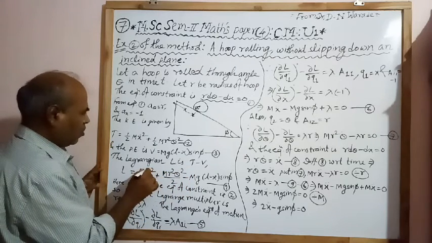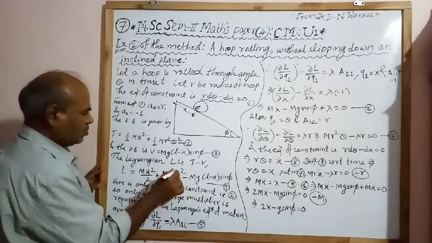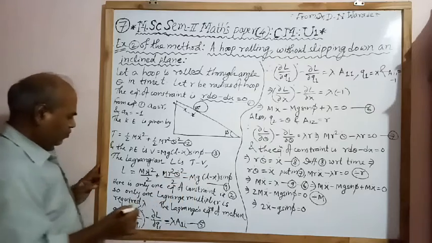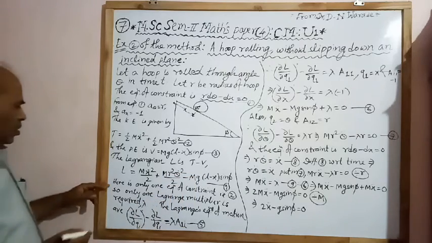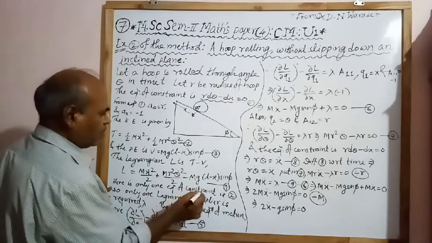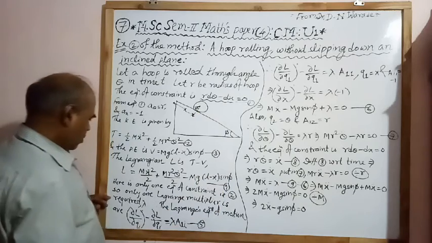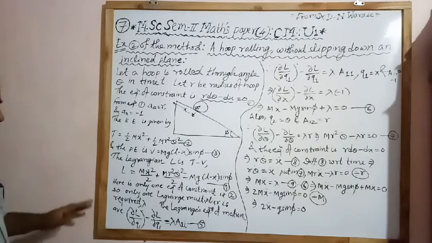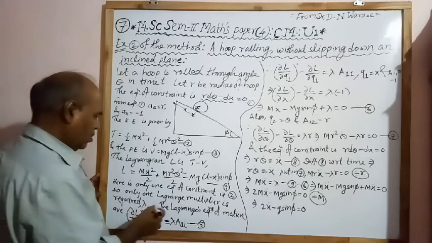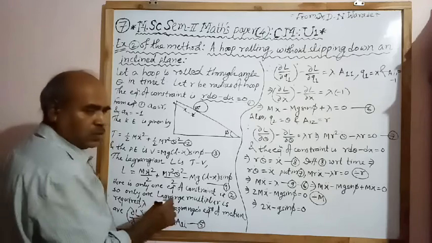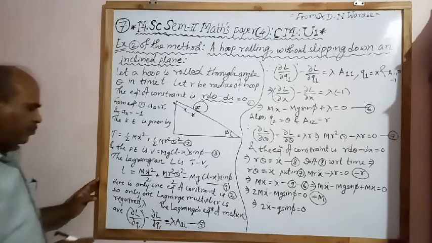Therefore, take the difference from equations 2 and 3. We have this. Here there is only one equation of constraint, that is equation 2. Therefore, only one Lagrange multiplier is required, which we take as lambda.